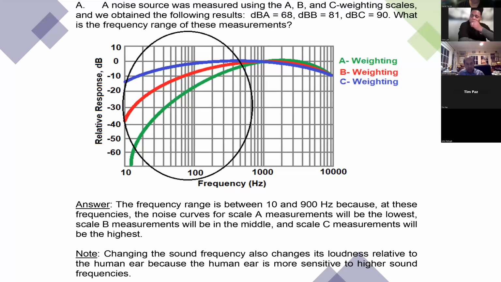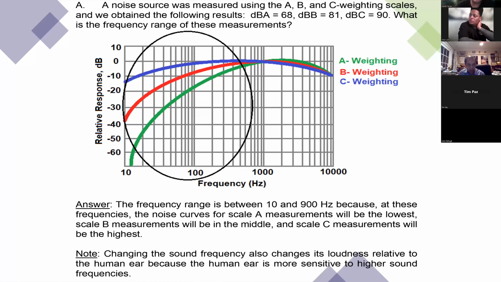Now let's talk about what happens below 1000, when you have, let's say, the following results for A, B, and C weighting scales: dBA is 68, dBB is 81, and dBC is 90. What is the frequency range for these measurements? It has to be between 10 and 1000, because this is what makes the difference.